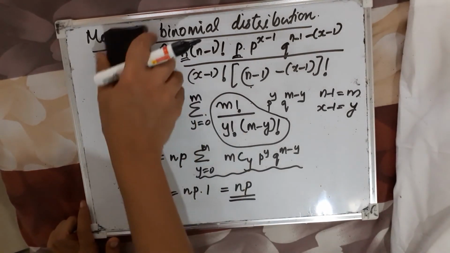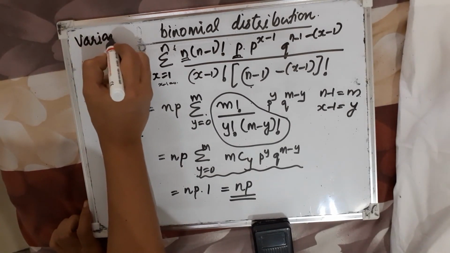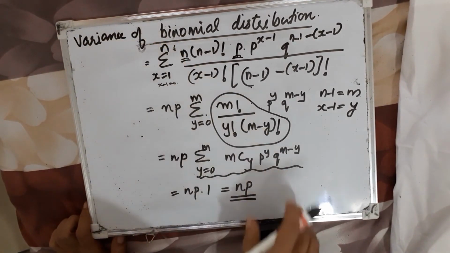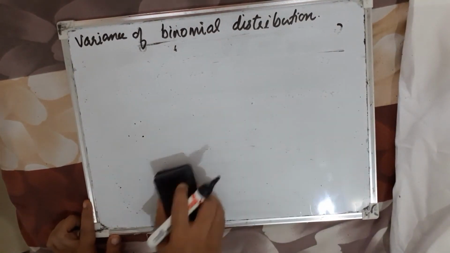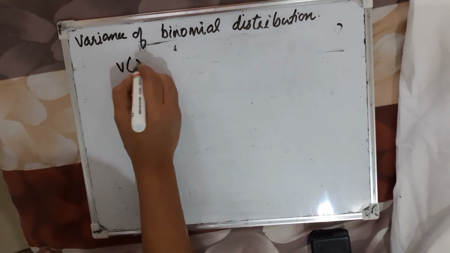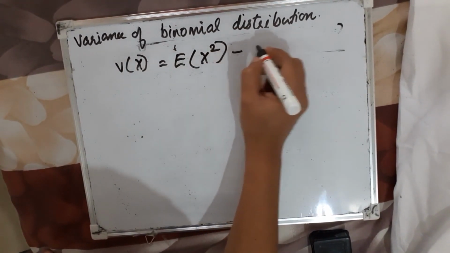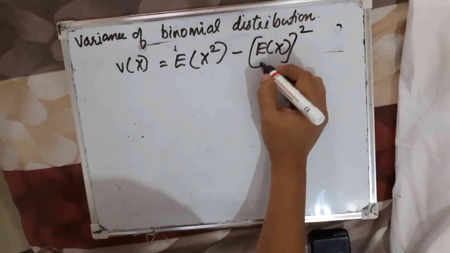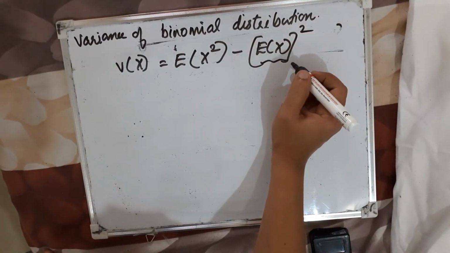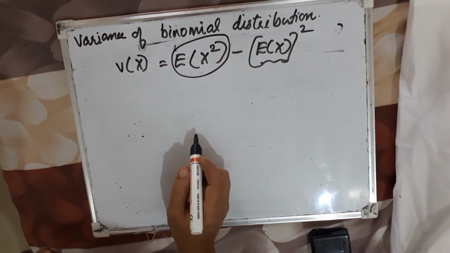Similarly, we can prove the variance of the binomial distribution. The general formula for variance is variance of x equal to expectation of x square minus the square of expectation of x. Expectation of x, we already found, the mean, is np. Therefore, we want to calculate expectation of x square.